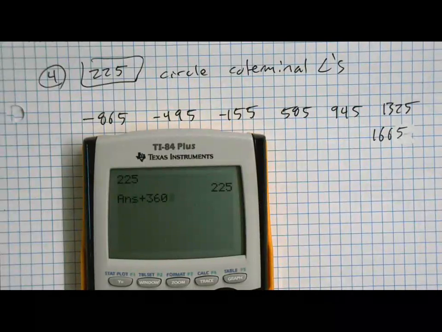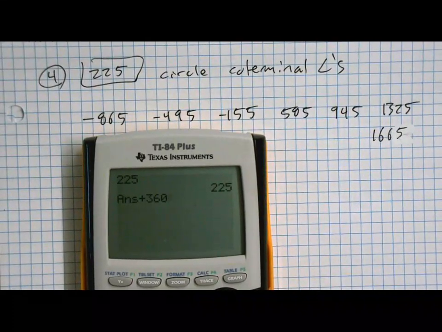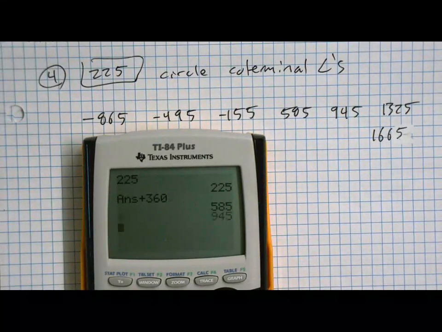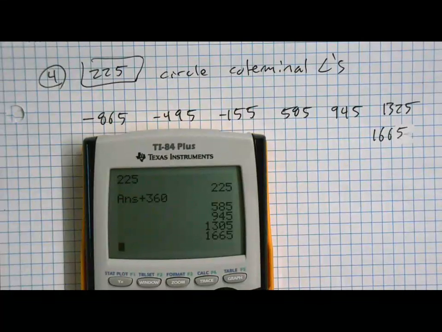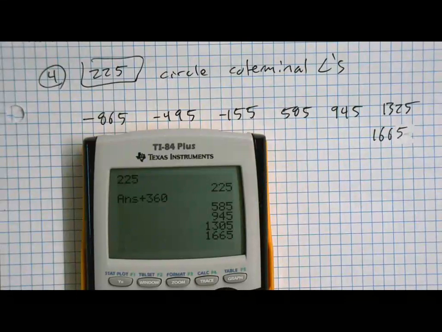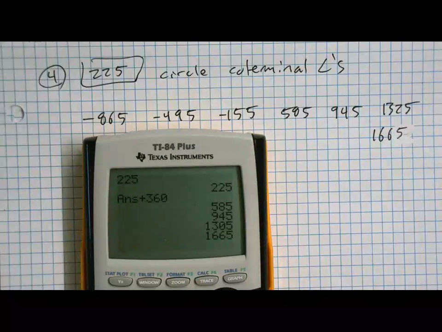It should say answer plus 360, and then you can just keep hitting enter over and over again, and it's going to keep taking your answer and adding another 360 to it. The ones that you see that match, circle them. And once you've got all your positive ones, do the same thing with minus 360 instead.